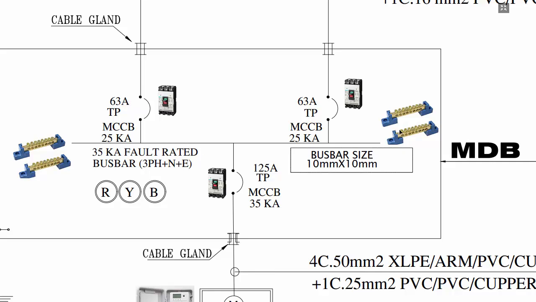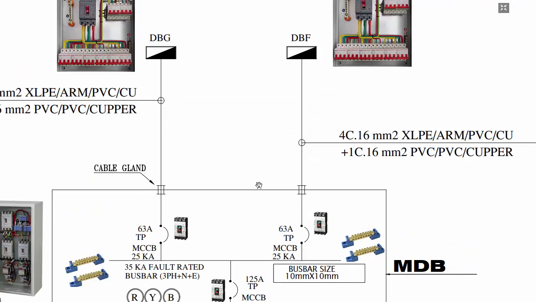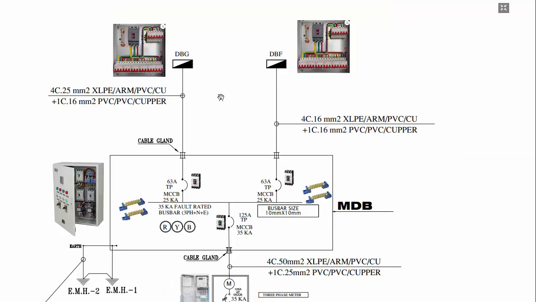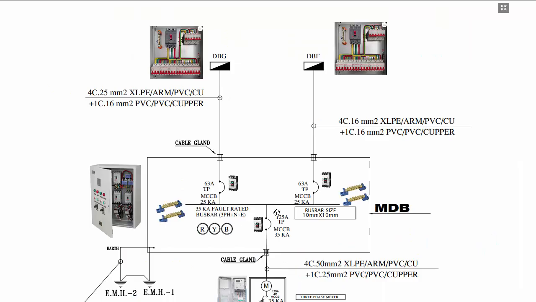Here we have the bus bar, on both sides, because we have to divide the connection for each separate floor. For the first floor and for the ground floor we have the DBG. So I will divide the connection, and it will go to the first floor and ground floor through the cable glands of the MDB, and we can write the cable description here.